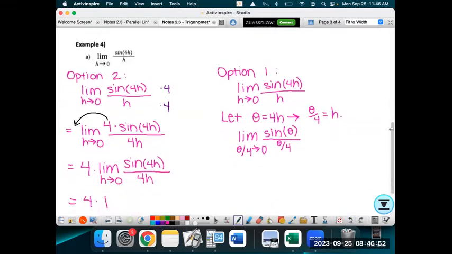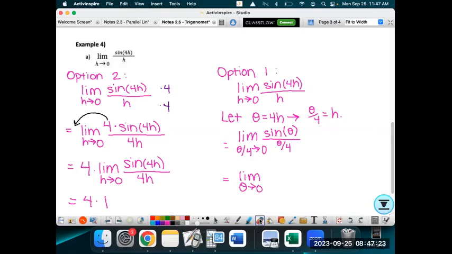We are going to do some simplifying. Theta over 4 approaching 0 is still going to be theta approaching 0. If I kind of treat that like an equation, if I multiply both sides by 4, theta still approaches 0. And then I have in my denominator division by 4.